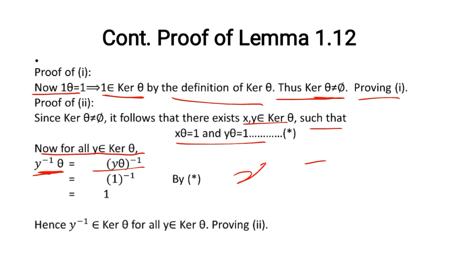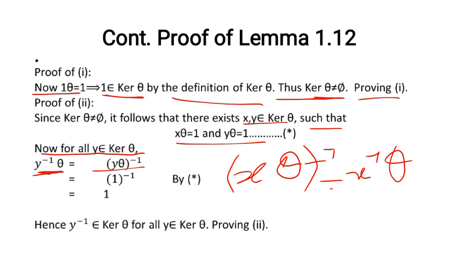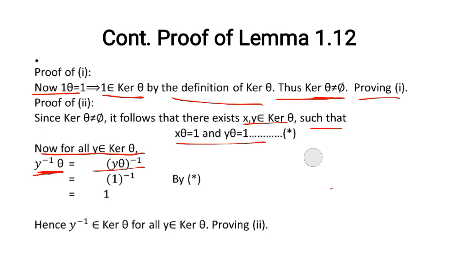Remember, we had shown in the previous videos that x theta all inverse is the same as x inverse theta. If you recall, you did that in the very first video, okay? So that is why I could say that. So I know that y inverse theta is the same as this. But you know what y theta is? See it here. It's 1.